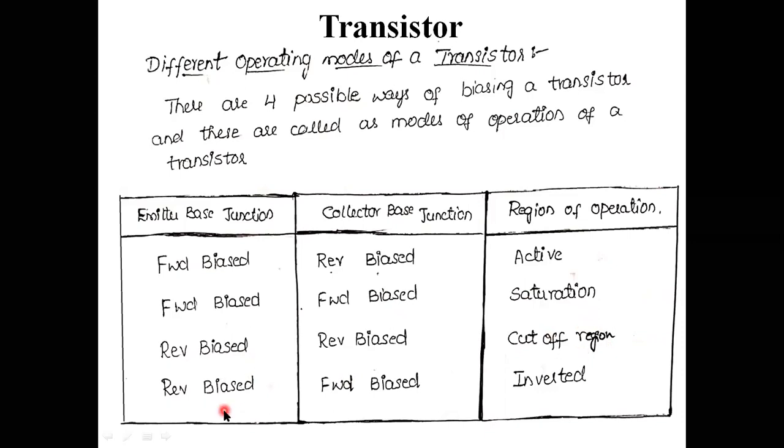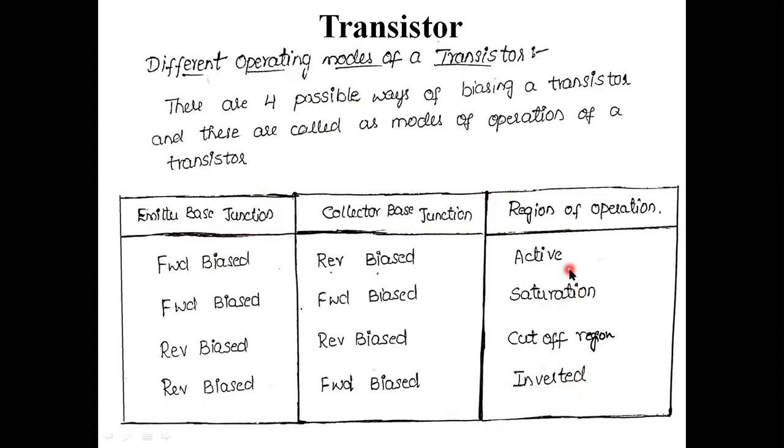Next, when the emitter base junction is reverse biased and the collector base junction is forward biased, that mode of operation is known as inverted active mode.